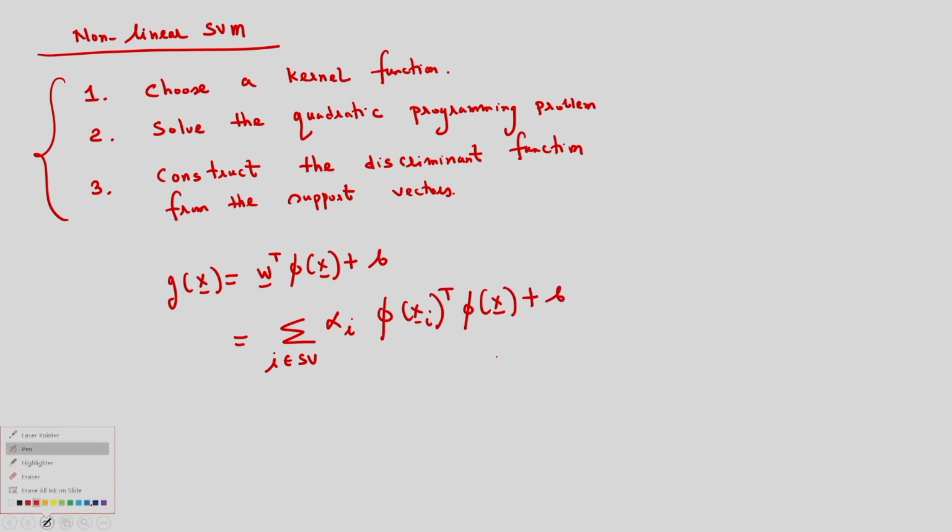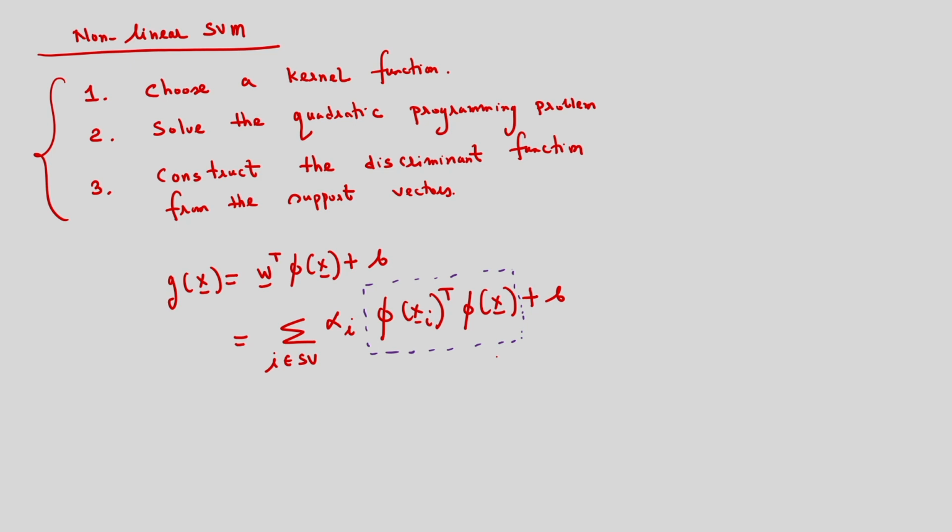In the linear support vector machine, I considered the dot product between the support vectors and the test sample. In this case we are considering the mapping functions phi(xi) and phi(x).